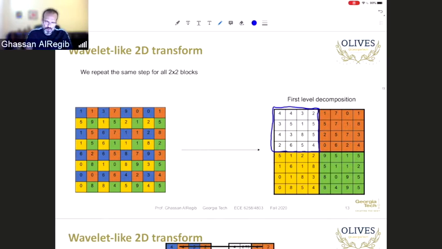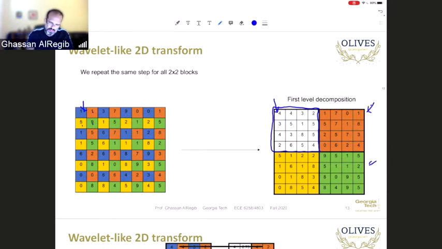This 4 by 4 is an approximation of the image on the left-hand side. Why? Because every number in this approximation is the average of 4 pixels in the original image. And you can see here, basically we have the blue, which we replace with the average, and then the orange, the green, and the yellow are the details.